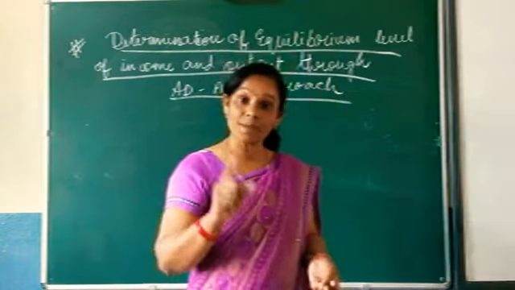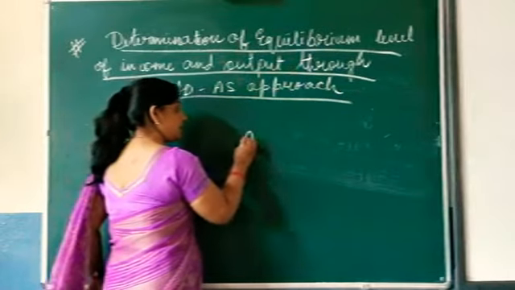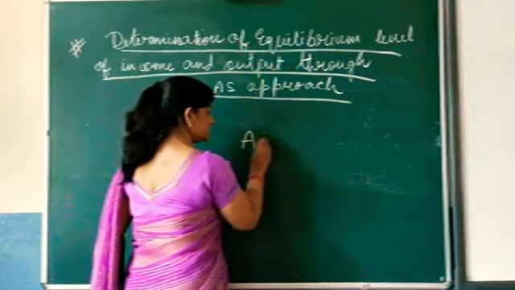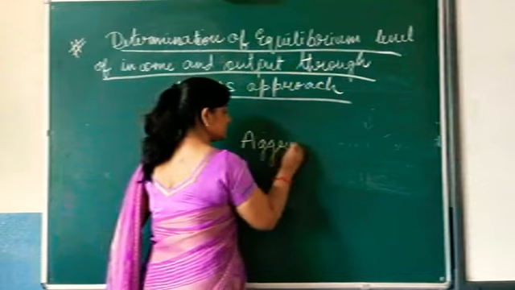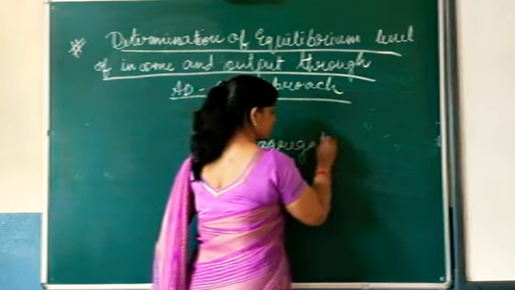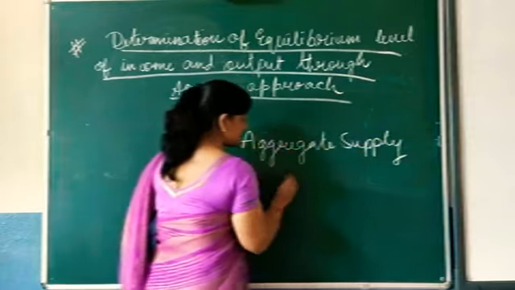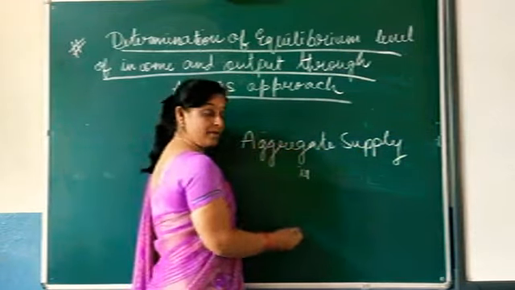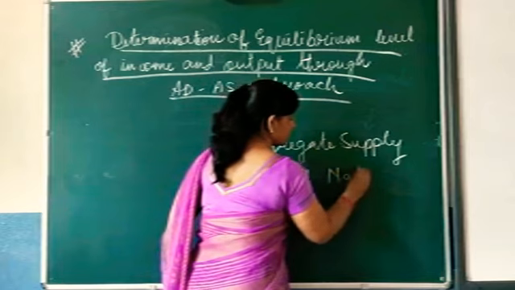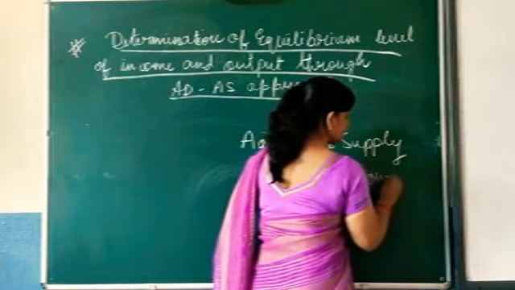So aggregate supply is nothing but national income.